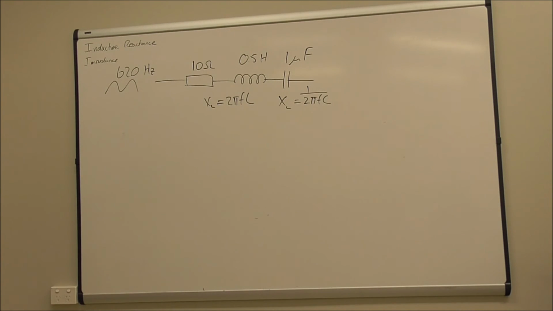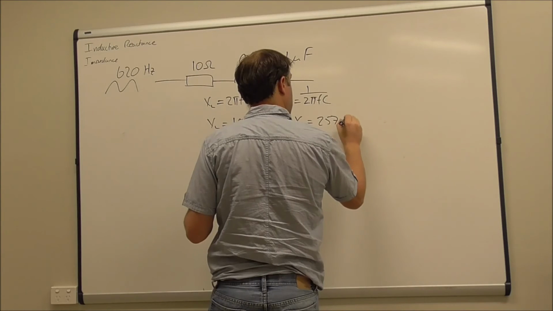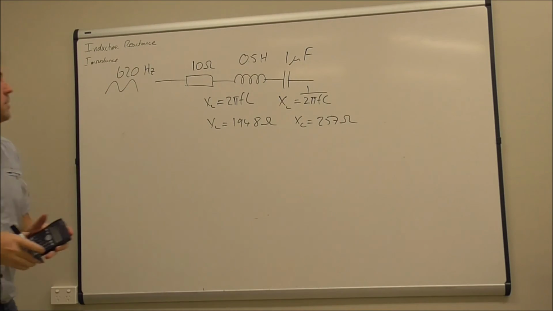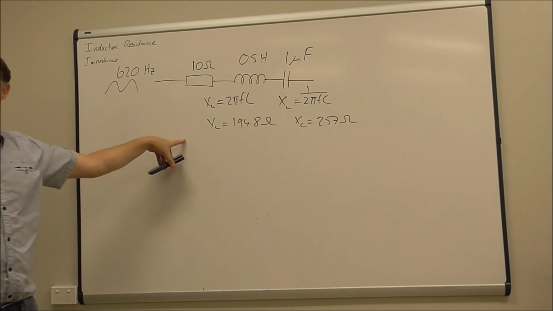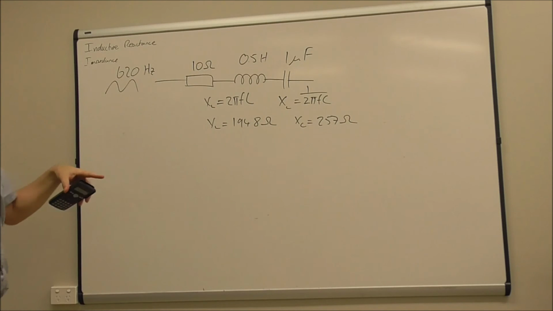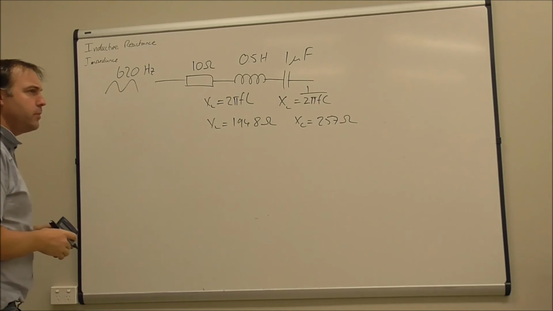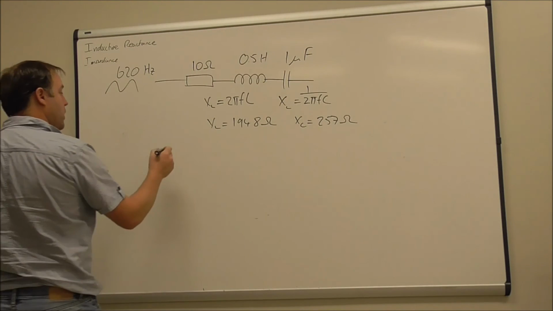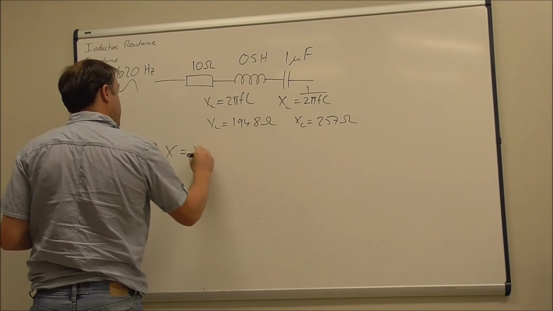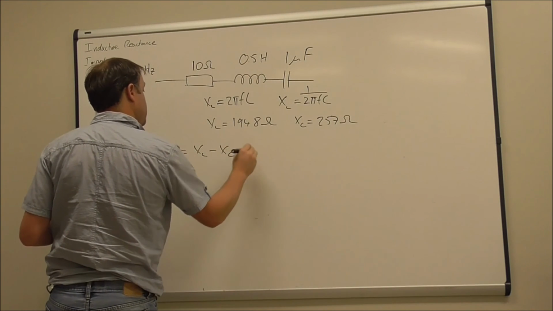Calculate those. And now to calculate my total impedance, I need to find X, which is XL minus XC.